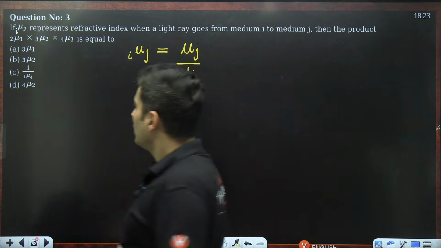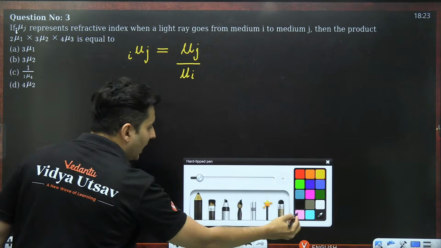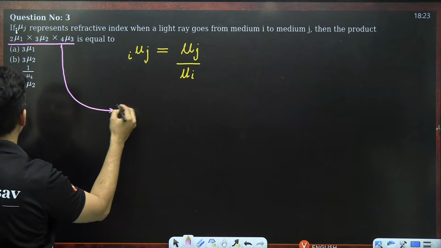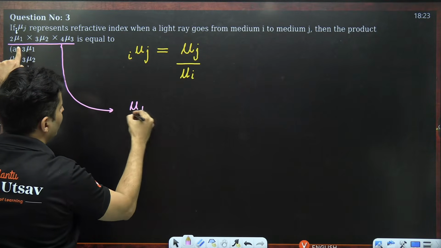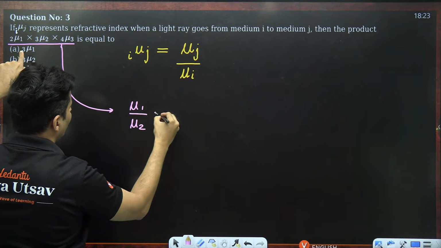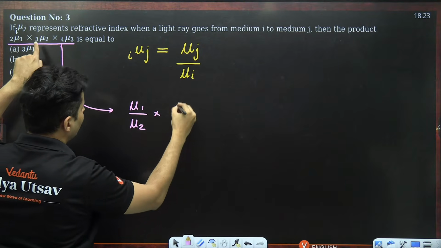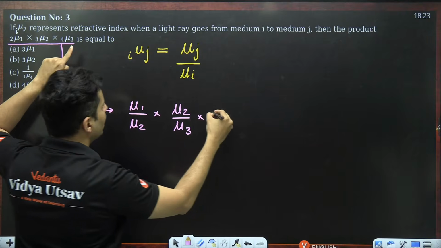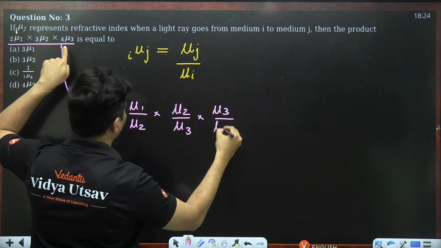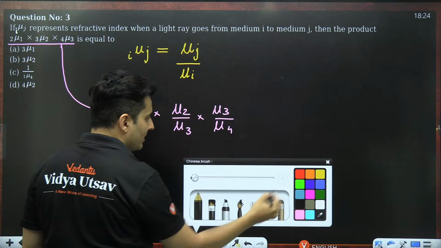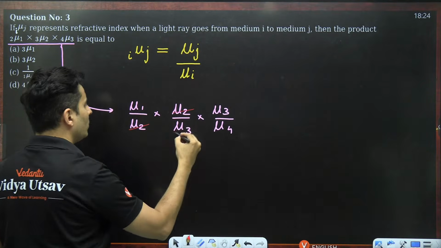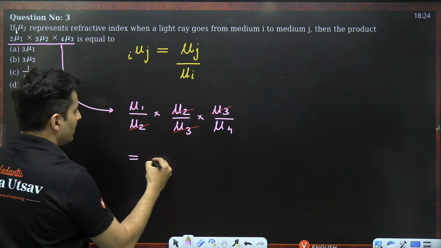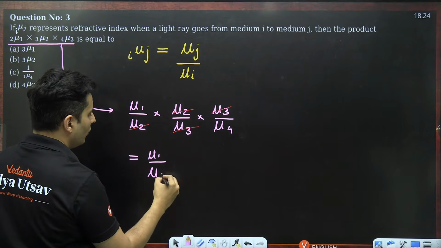So this entire product, 2 mu 1 can be written as mu 1 by mu 2, multiplied by 3 mu 2 as mu 2 by mu 3, then 4 mu 3 as mu 3 by mu 4. As you can see, mu 2 and mu 3 cancel. So what am I left with? Just mu 1 on the top and mu 4 below.